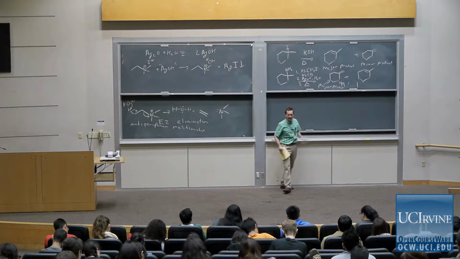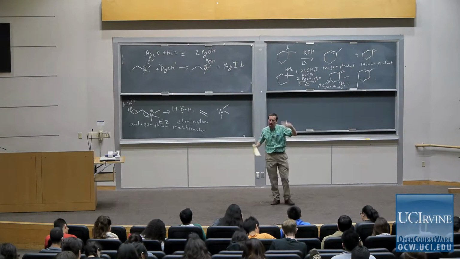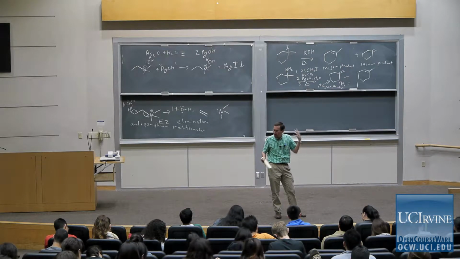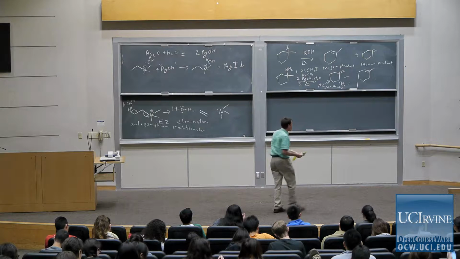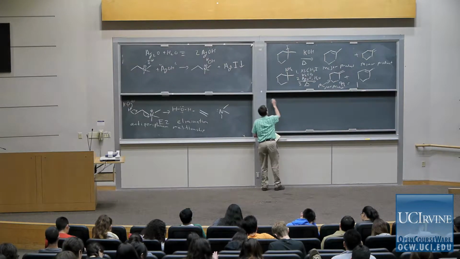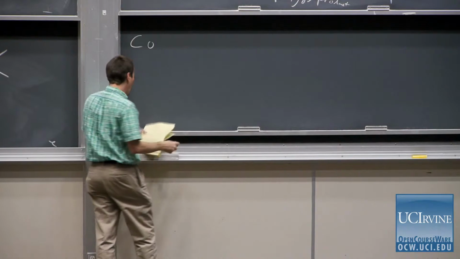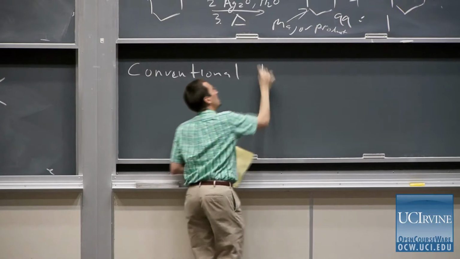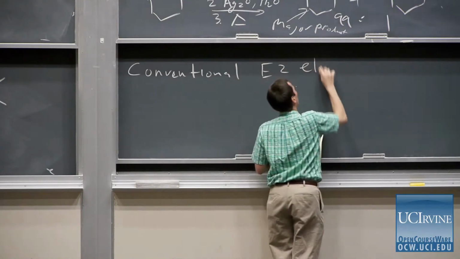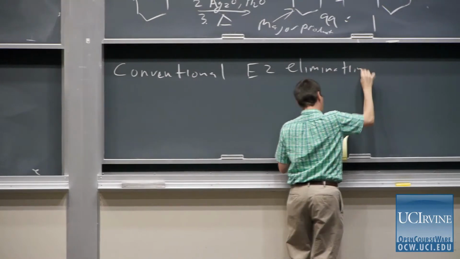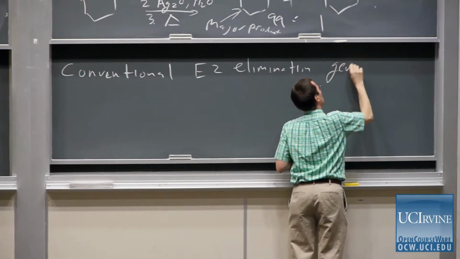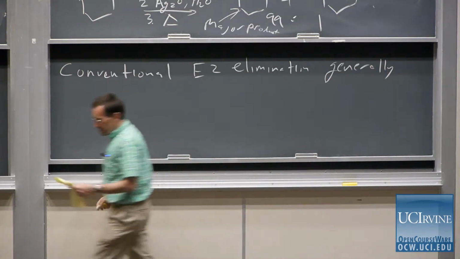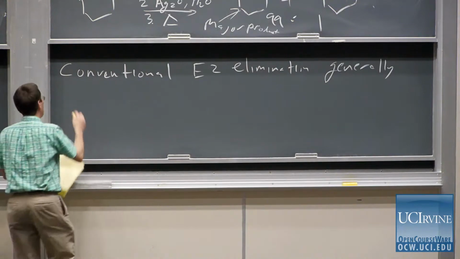It's the same element of control that you were getting in the hydroboration oxidation sequence, that I've emphasized in talking about chemists in synthesis. So I'm going to just summarize this, and then we'll talk about why. I'll say that conventional E2 elimination, and I'll say generally, because I can always find some type of counterexample, generally gives the more substituted alkene.